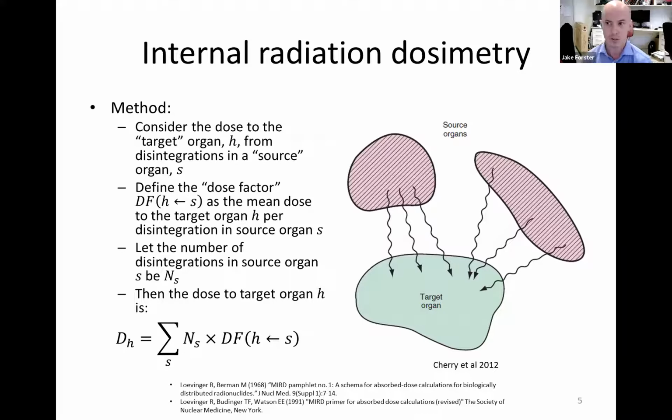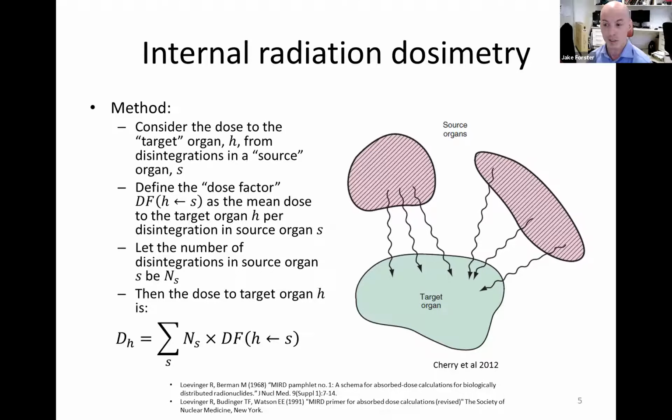So the dose factor for the target organ H from disintegrations in S is the mean dose to the target organ H per disintegration in source organ S. We'll then write the number of disintegrations in the source organ as NS, and simply we find the dose to the target organ H being equal to this product of the number of disintegrations in the source organ and the dose factor for a given target organ H from the source organ S. And then we simply sum over all of the source organs.